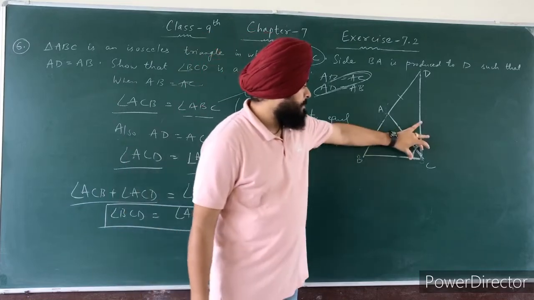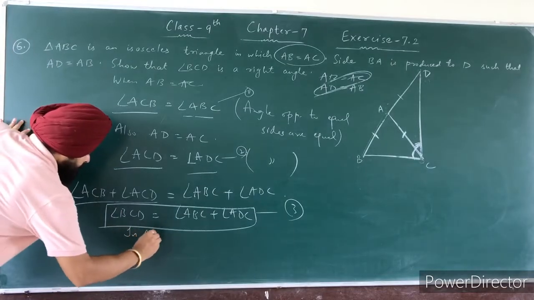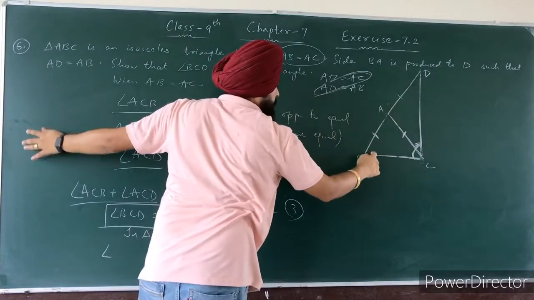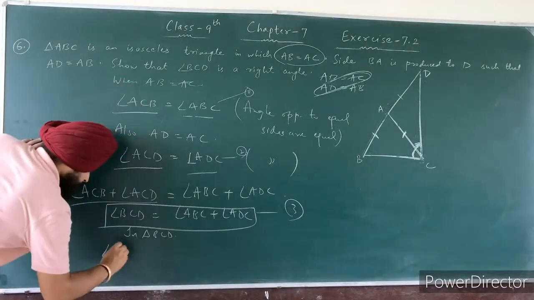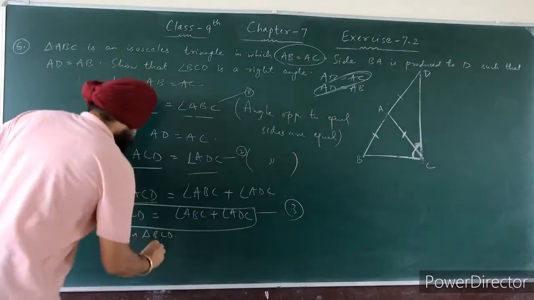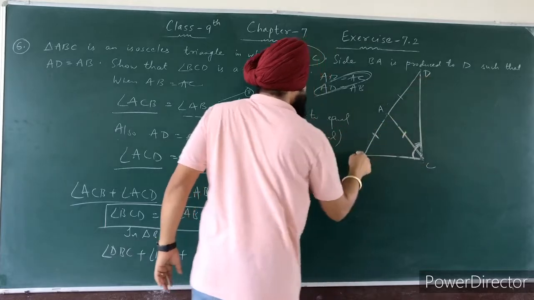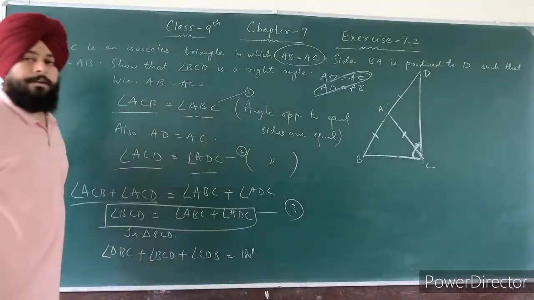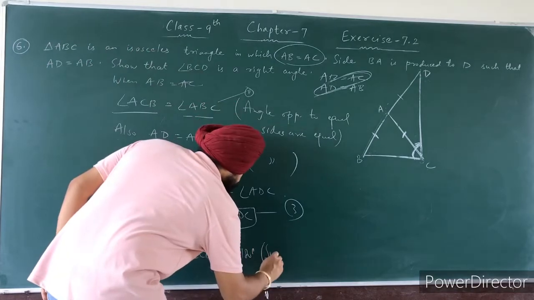So angle B plus angle C plus angle D is equal to 180 degrees. So in triangle BCD, angle DBC plus angle BCD plus angle CDB is equal to 180 degrees. Write the property: sum of all angles of a triangle is 180 degrees.